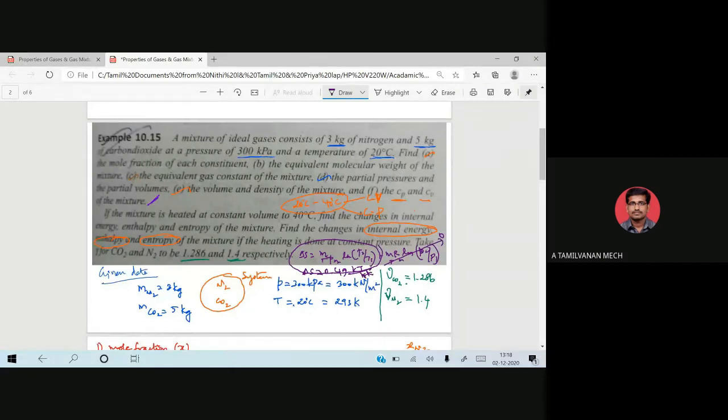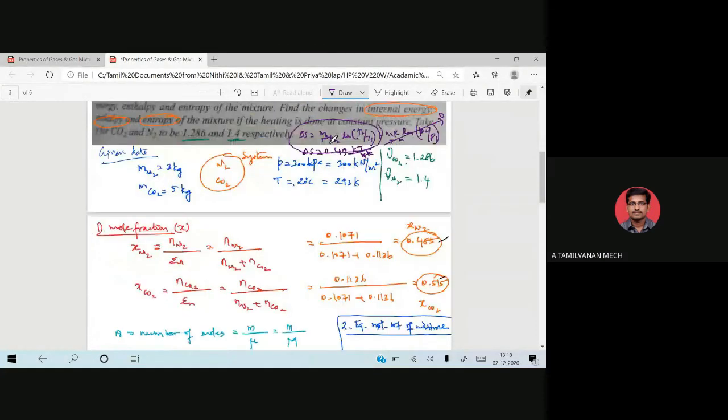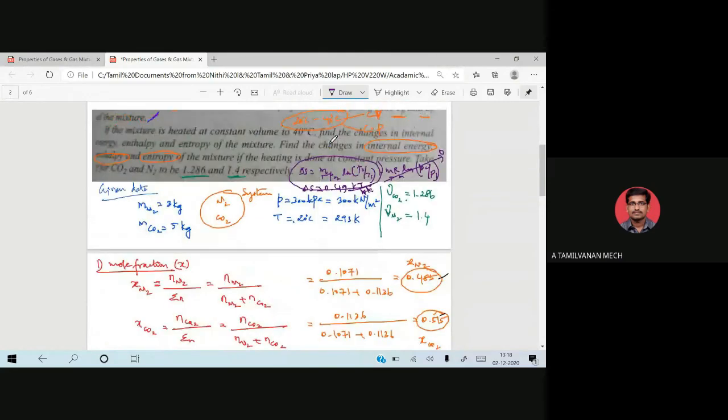If I compare the two processes, the same mixture is heated from 20 to 40 degrees Celsius. One takes place at constant pressure, the other at constant volume. Which one has the higher change in entropy? Delta S at constant pressure or at constant volume?